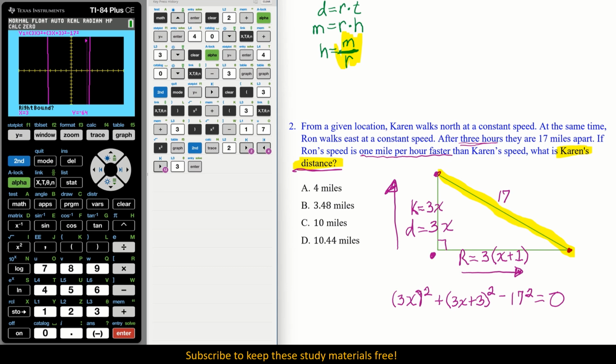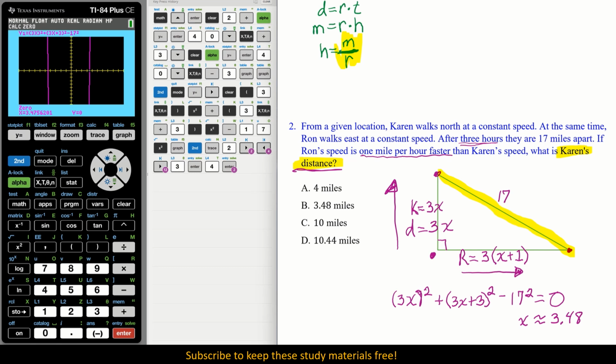Let's enter that, okay? And then our right bound, let's say that equals 4. And let's push enter. And it's telling us that that rounds to be about 3.48. Okay, so what they're telling us is that x is approximately 3.48.